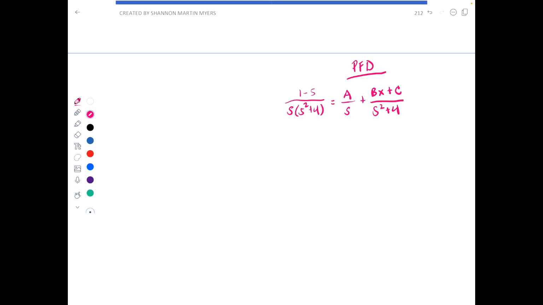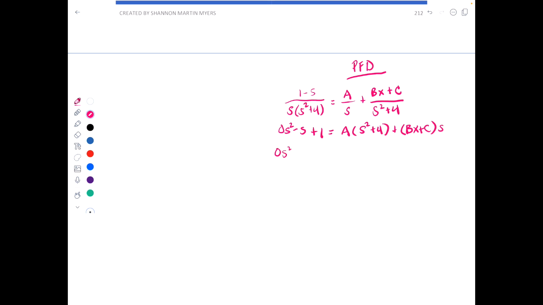And so I'll write this as 0 s squared minus s plus 1 is equal to a times s squared plus 4 plus bs plus c times s, getting that common denominator and then omitting that denominator.